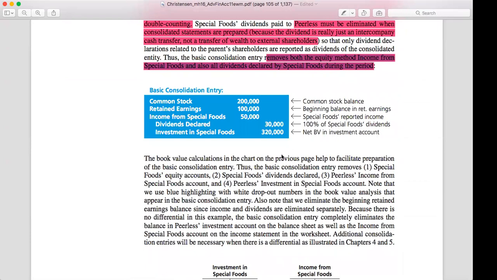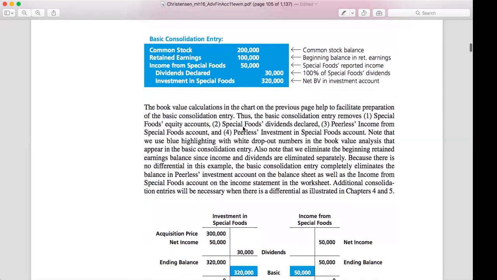The book value calculation on the preface page will help facilitate preparation of the consolidation entry. So this is the basic information needed. What does the basic consolidation entry do?